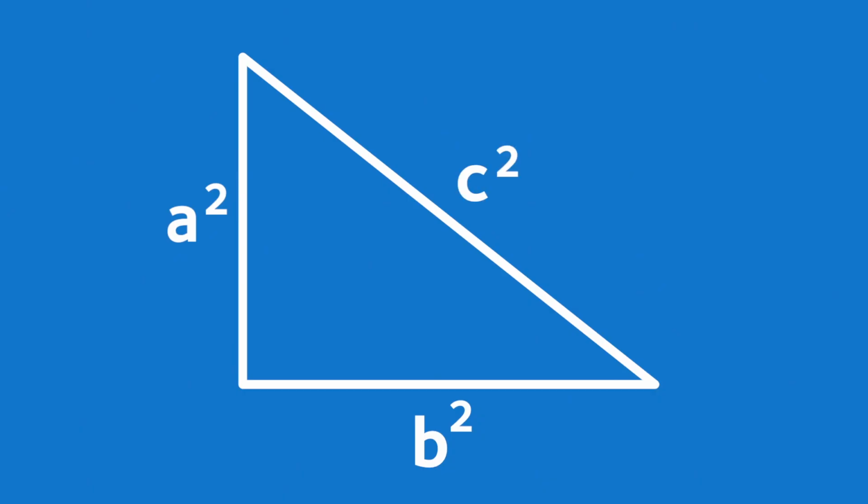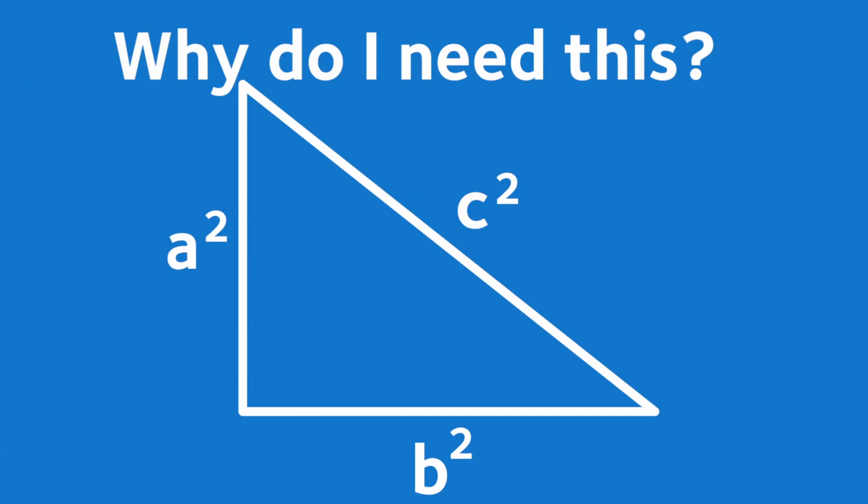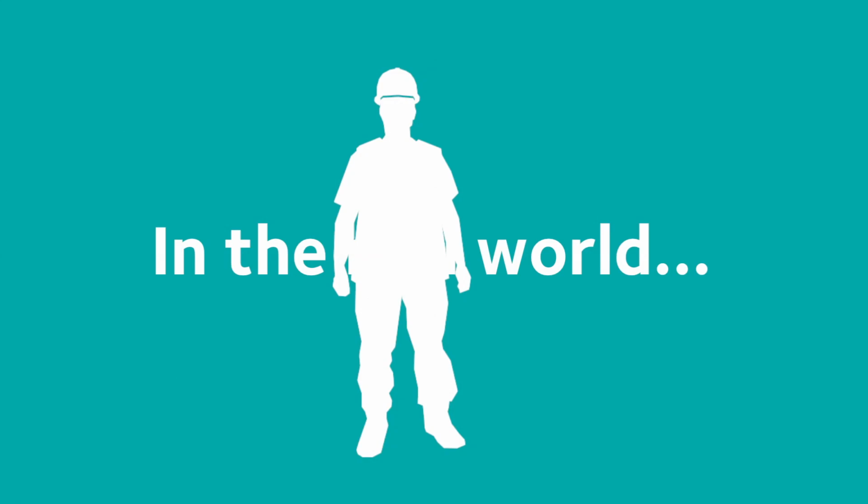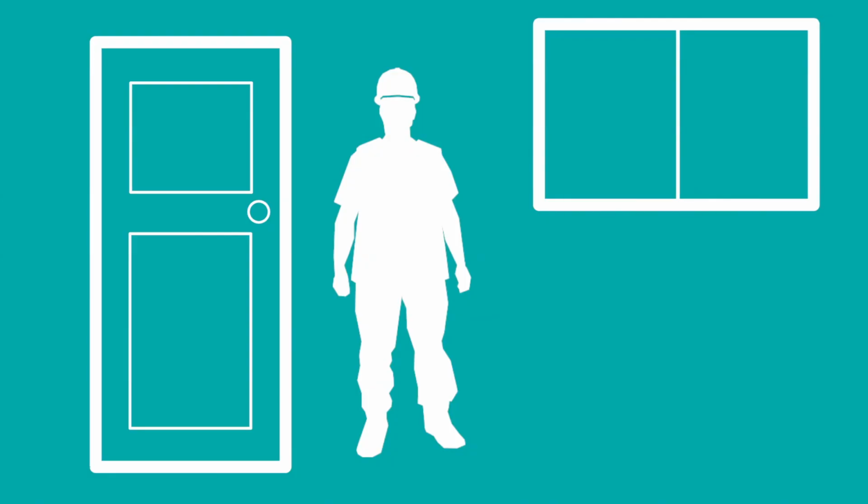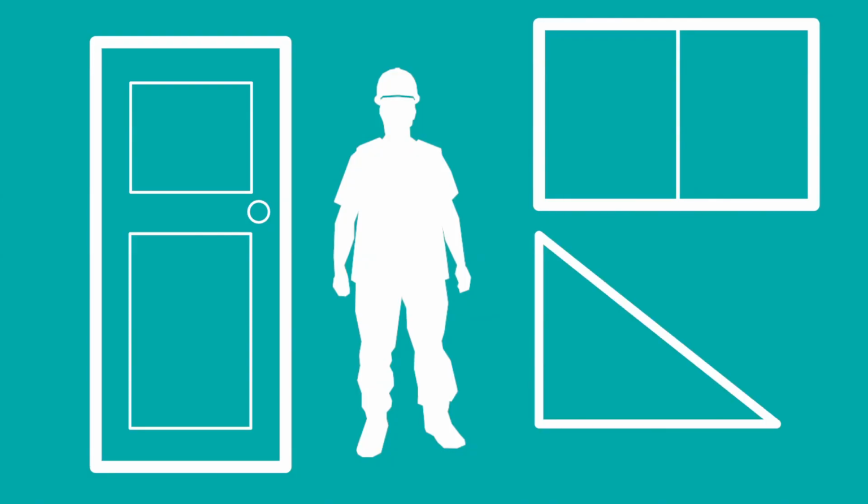While you were at school, you probably had to play with a squared plus b squared equals c squared, and you never realised why you would need that other than to solve problems in school and out of your textbook. However, if you work in the world beyond school, builders need to know that if they're building, say, a door frame or a window frame, it is square. So they might have a square, an instrument, but they also know that they have this thing called a 3, 4, 5.